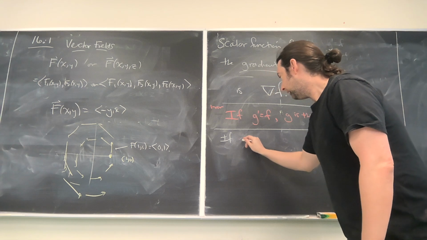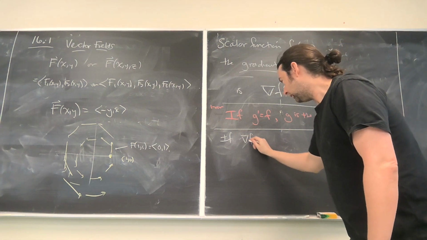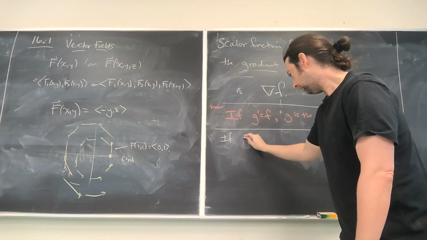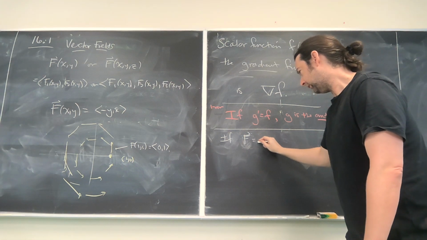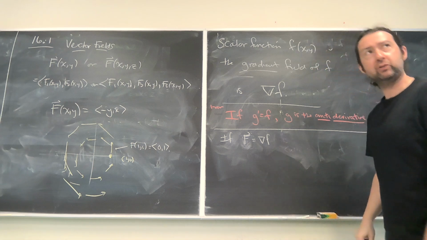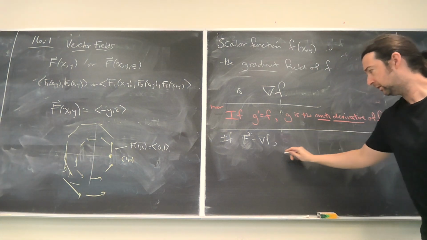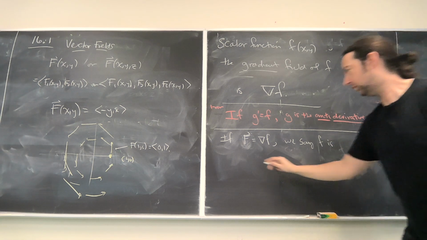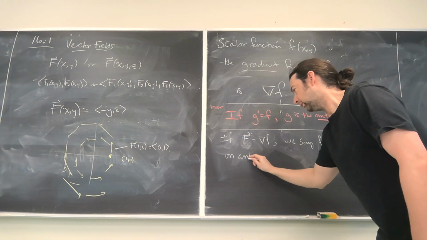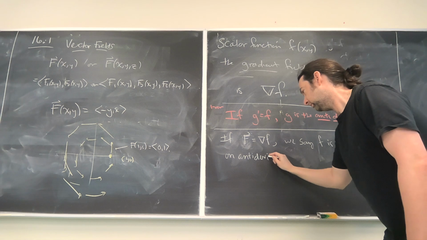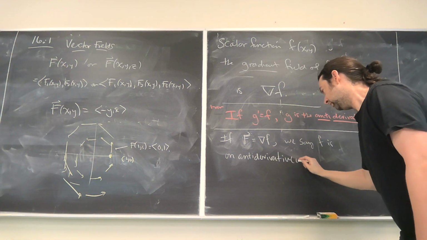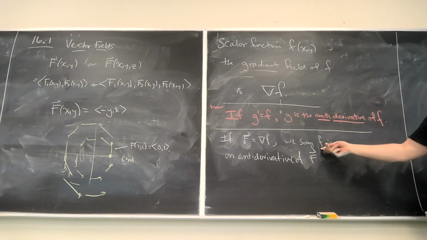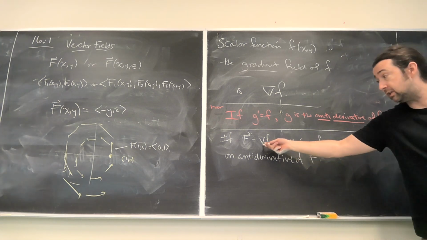If I have the relationship that some vector field F is the gradient of a scalar function little f, we say f is an antiderivative of the function capital F. So f is still an antiderivative because we still undid a derivative, right?